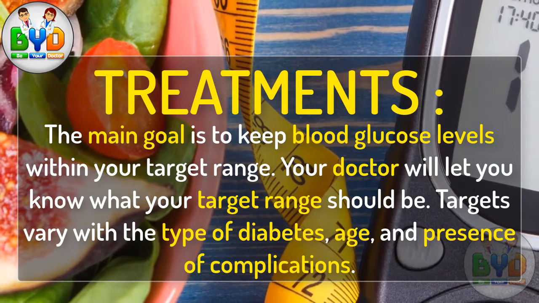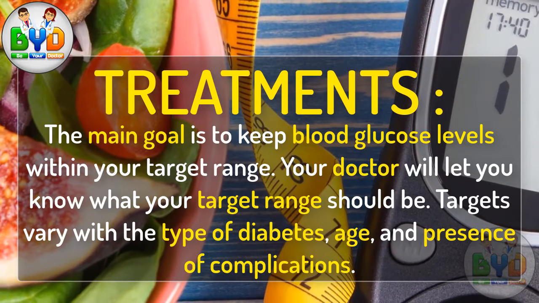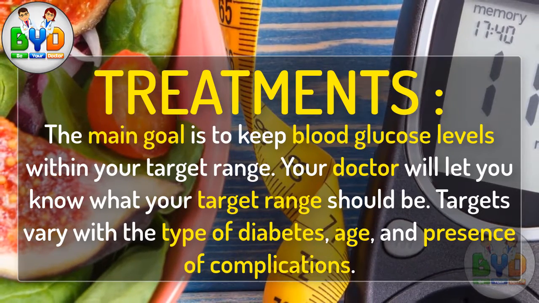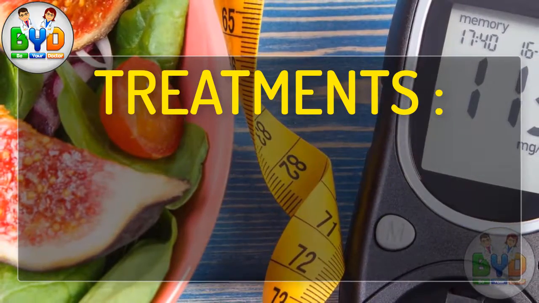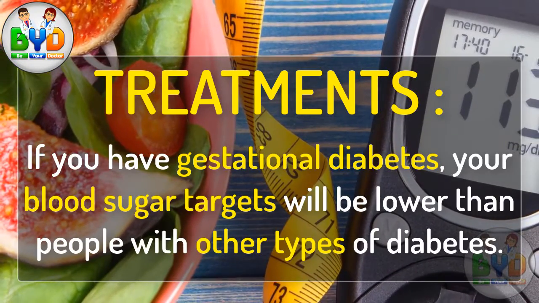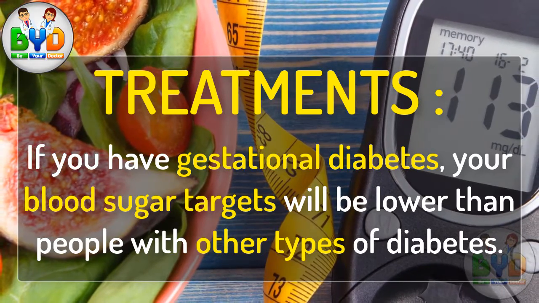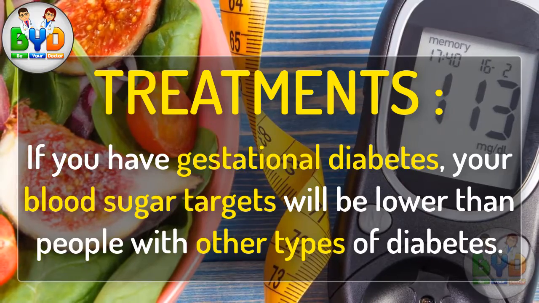Your doctor will let you know what your target range should be. Targets vary with the type of diabetes, age, and presence of complications. If you have gestational diabetes, your blood sugar targets will be lower than people with other types of diabetes.